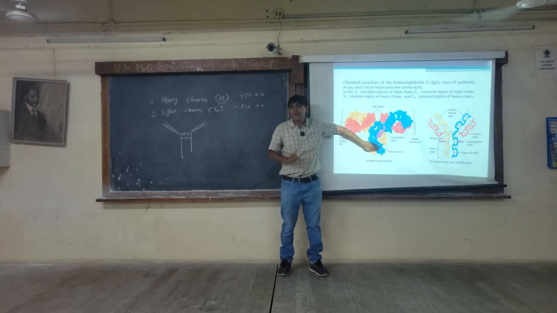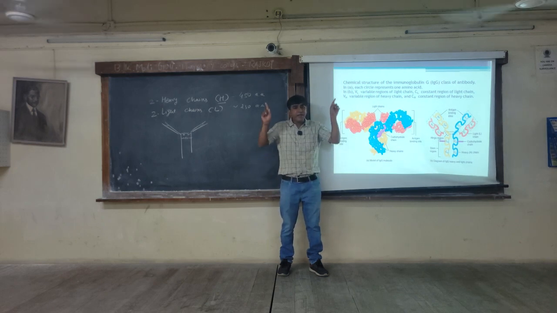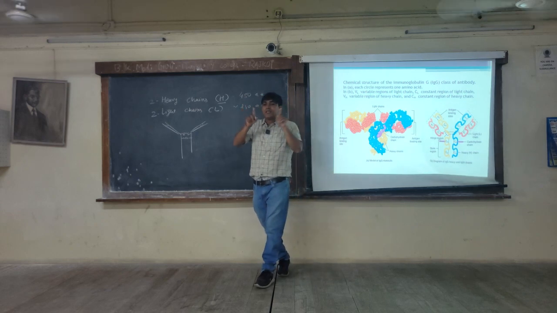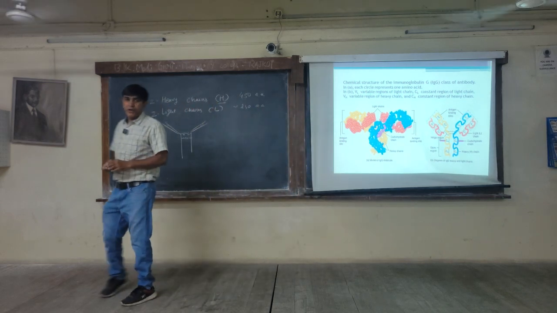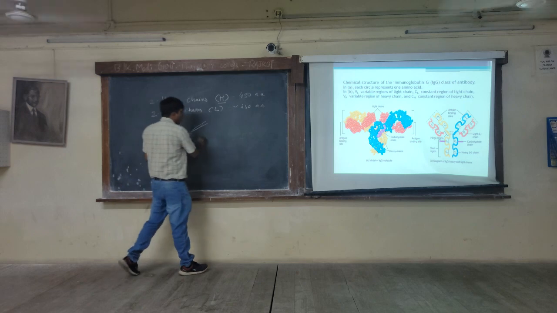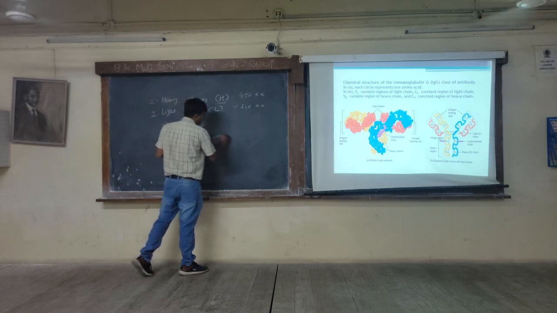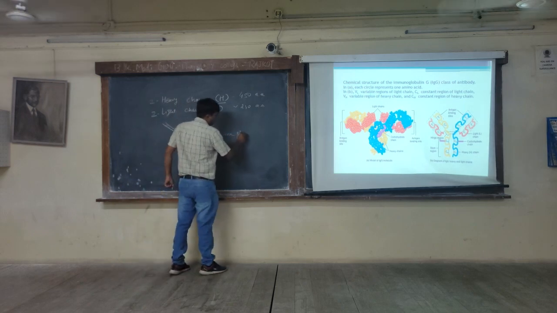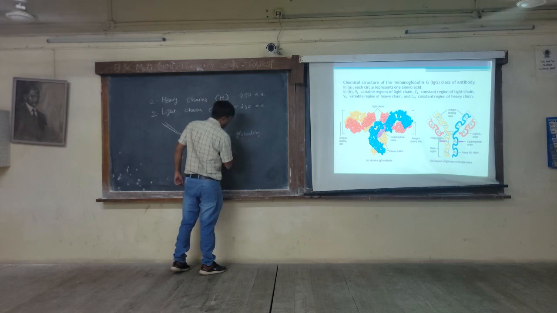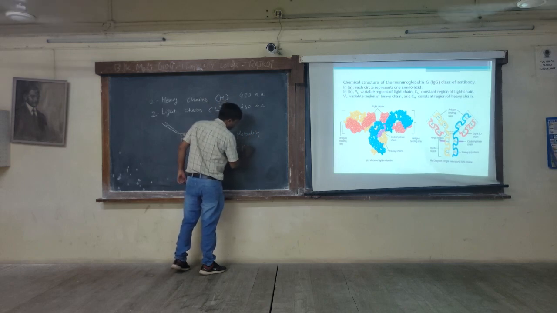Similarly, at the tail also they are folded, and the entire structure appears like gamma of Latin or Y, and that is why they are called gamma globulins. Okay, gamma globulins.